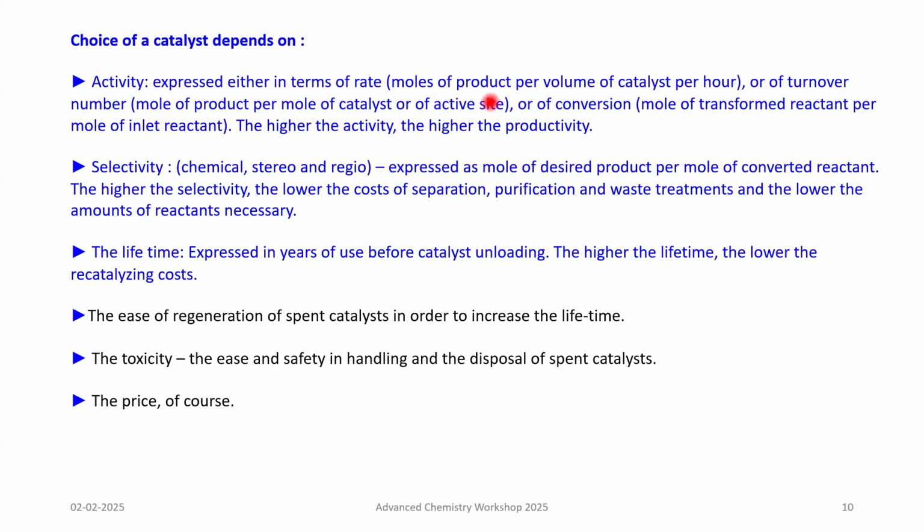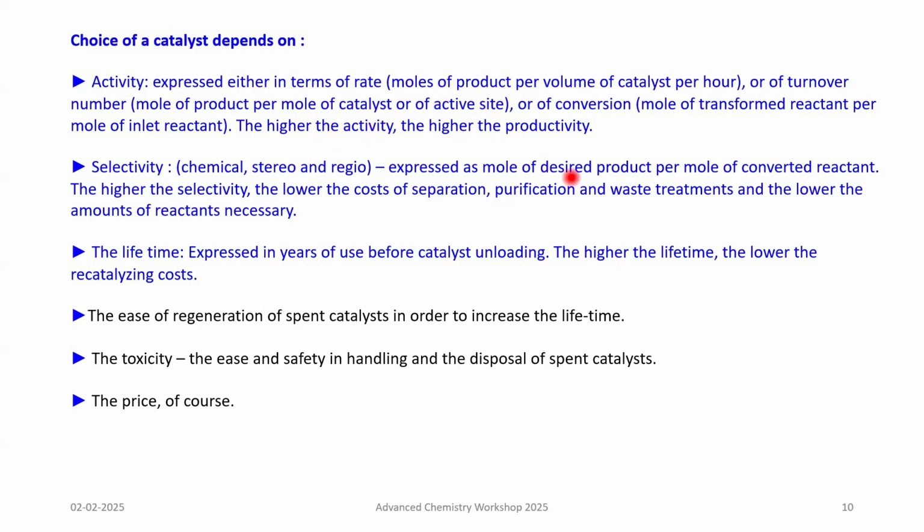Per mole of catalyst is okay, but finding the number of active sites is very difficult. So, usually people give it in terms of per mole of catalyst. There are methods to find out active sites, but that is not an easy job, but this is the definition.